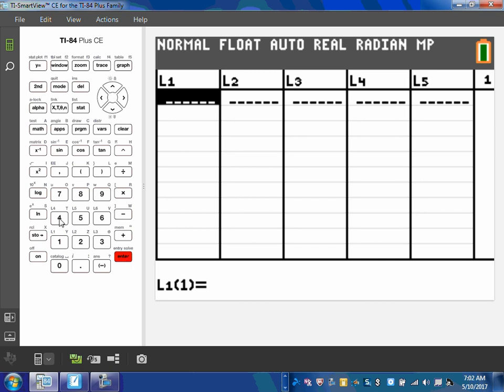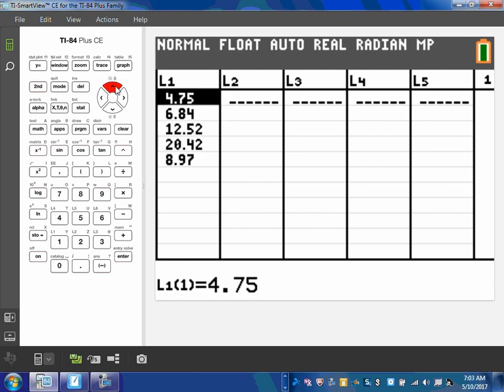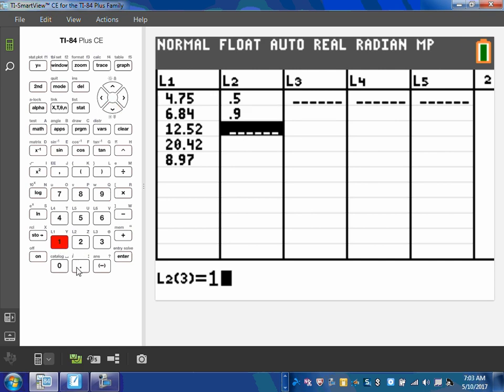The meal cost will go into list 1, and the tip will go in list 2 because the tip depends on the cost of the meal. So you always want to check your data.